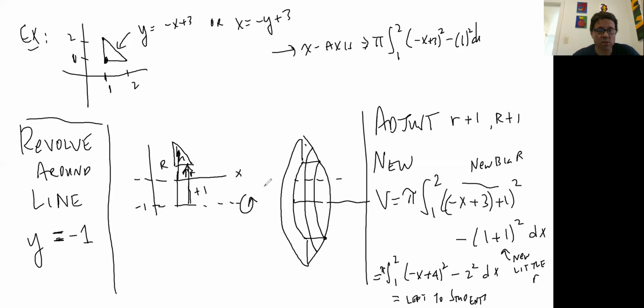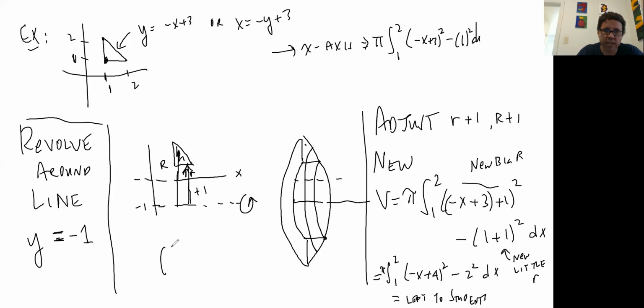But that's the deal. You just have to figure out where the big radius is, and where the little radius is, and then you can put these things together into a formula. So that's called the method by disks. When you do these disks here, previously they looked like disks, but now they have a hole in the middle.